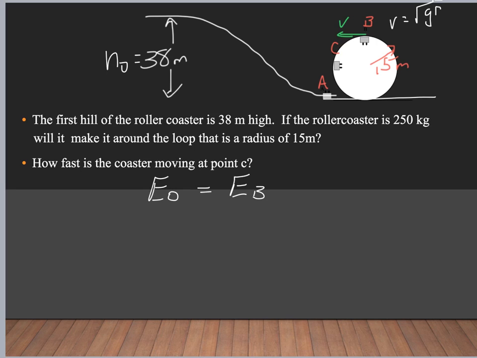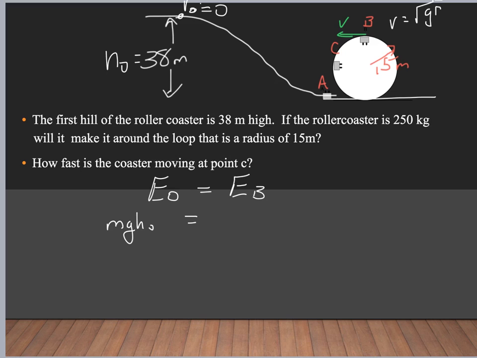We're going to estimate that the starting velocity is going to be 0. So the velocity at that point right here is 0. So is it moving? No. Does it have a height? Yes. Is there a spring? No. So this total energy that we start with is just mgh naught.